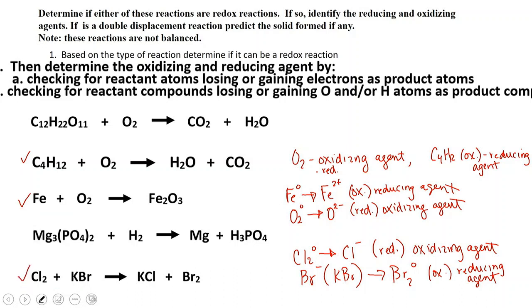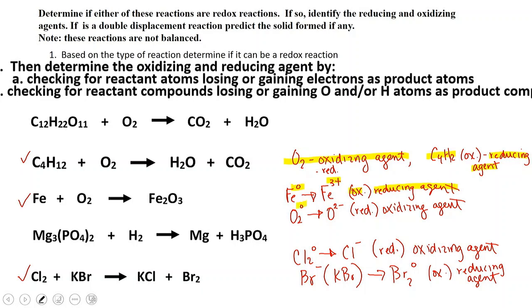Okay, remember, all combustion reactions are the same. Oxygen is the oxidizing agent, and the hydrocarbon is the reducing agent as it gets oxidized. Let's take a look at iron plus oxygen to give us iron 3 oxide. Notice that iron goes from a 0 charge to a positive charge. That means it has lost electrons, it's oxidized, it is the reducing agent.